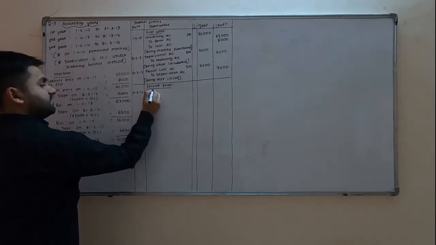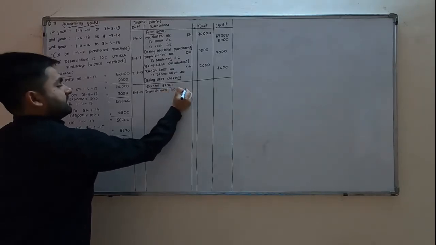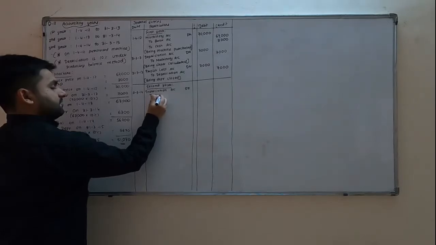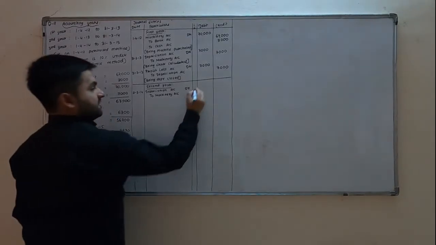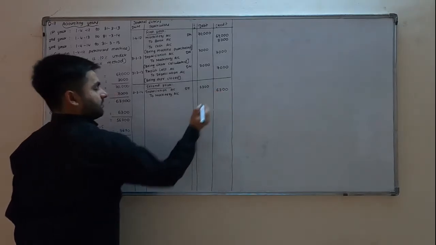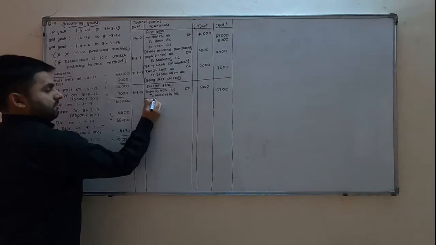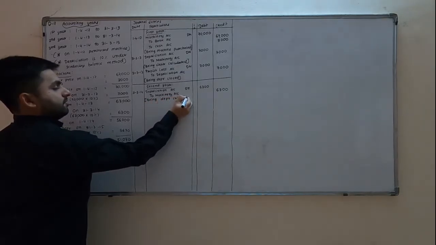Again entry is depreciation account debit to machinery account. Now the depreciation is 6,300. Being depreciation calculated.